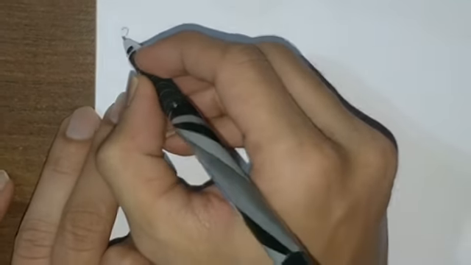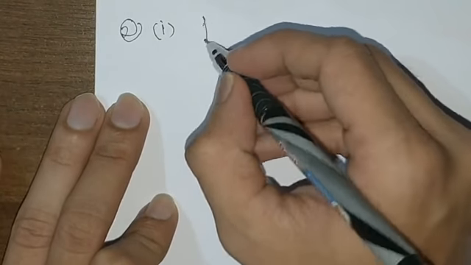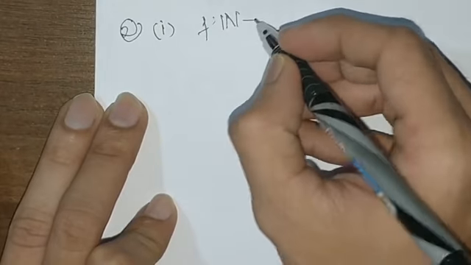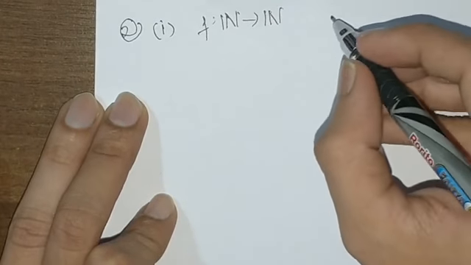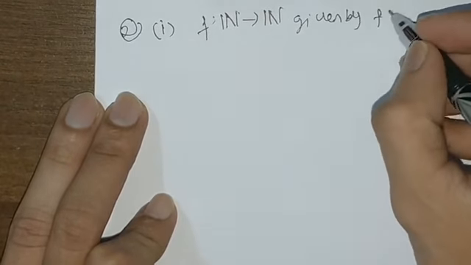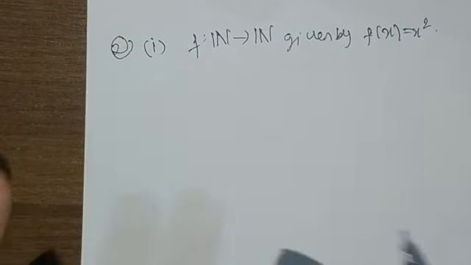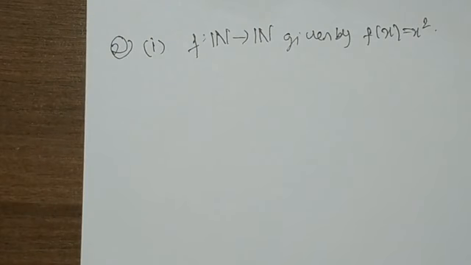So let us look at the second problem and the first one of the second problem, that is f from N to N given by f(x) is equal to x square. First we have to check whether the function f is 1-1 or onto.